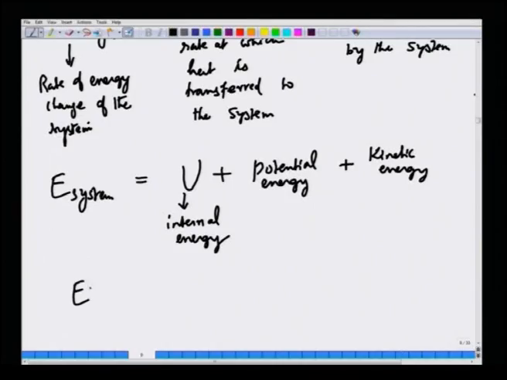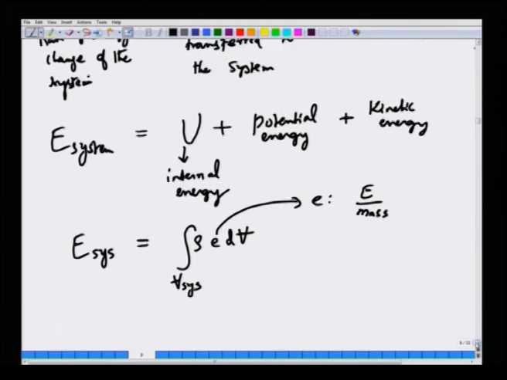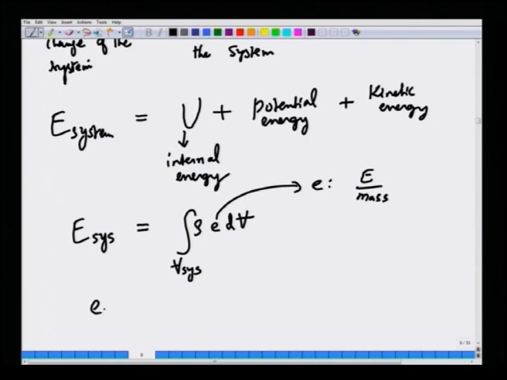So, remember in Reynolds transport theorem, we always write E system as the integral over the volume of the system of rho e dV, where e is E divided by mass, the energy per unit mass. Small e is the total energy per unit mass. So, small e is nothing but the internal energy per unit mass plus the kinetic energy per unit mass plus the potential energy per unit mass. Kinetic energy is half m v squared. If you divide it by mass, you will get half v squared.